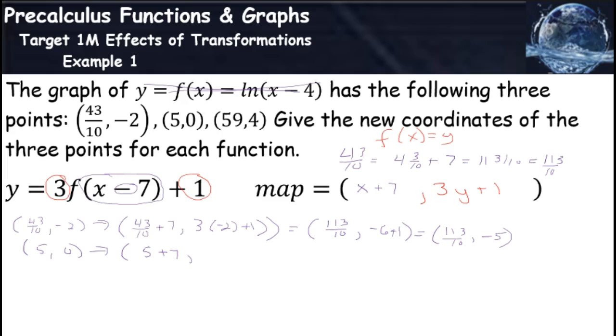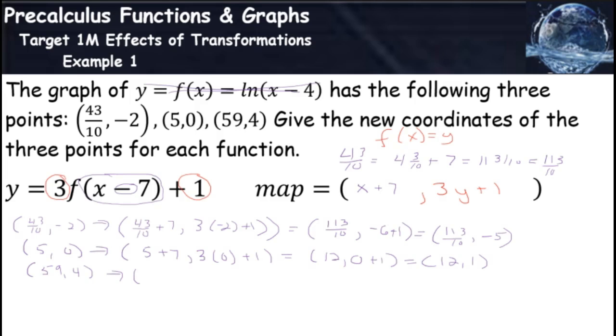And then 3 times 0 plus 1. Well, 5 plus 7 is 12, and 3 times 0 is 0 plus 1, so it looks like 12, 1 is my answer. And it is. Okay, so next we have 59, comma 4. These are some randomly high points I chose.